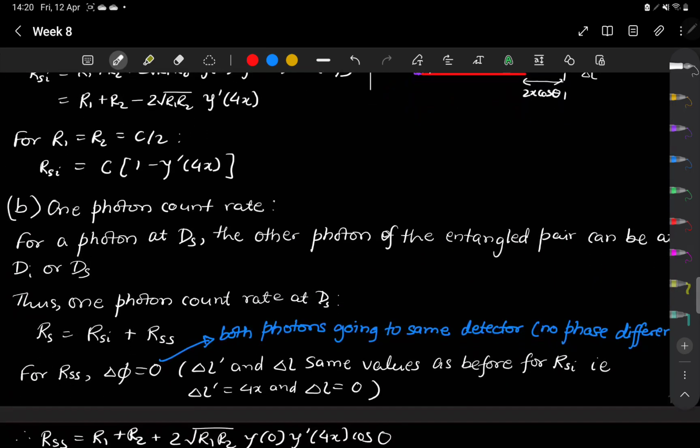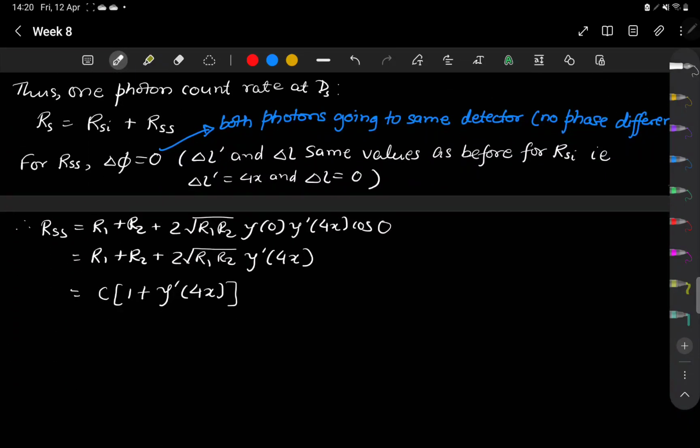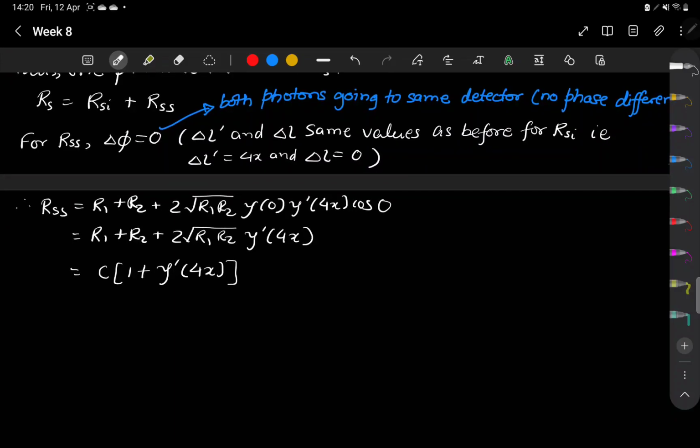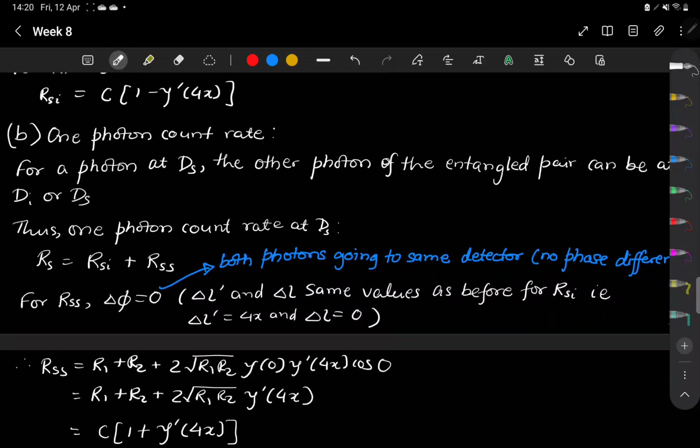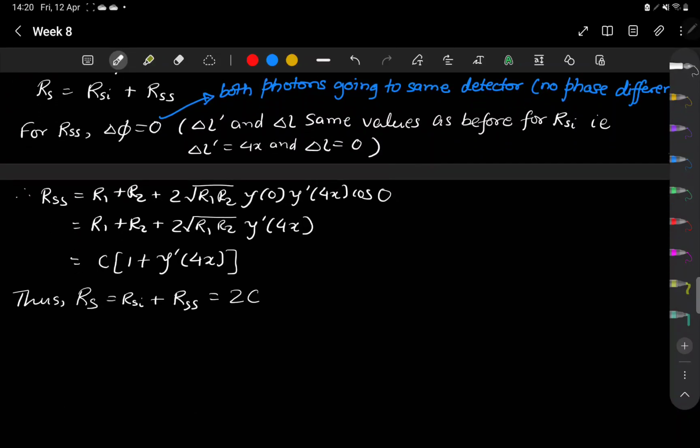So you see that the expression is similar to Rsi except for the plus sign. Now, the count rate at the detector ds, Rs, is Rsi plus Rss, which, if you add, the gamma prime terms will vanish and you will be left with just a constant, that is 2 times C.